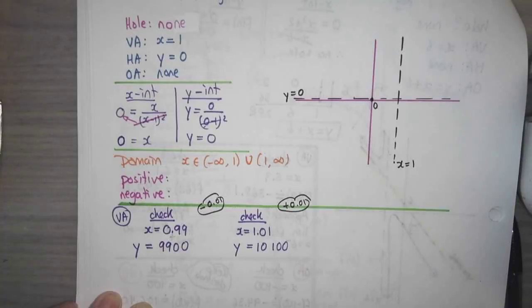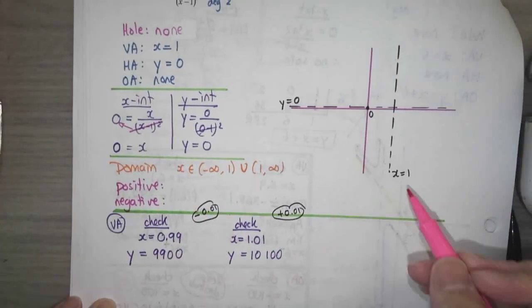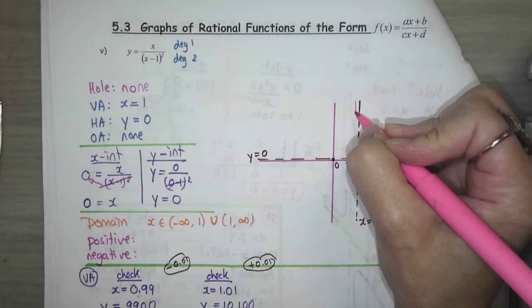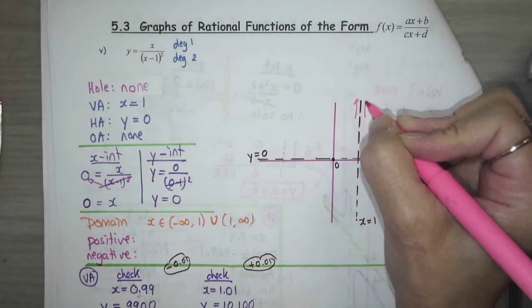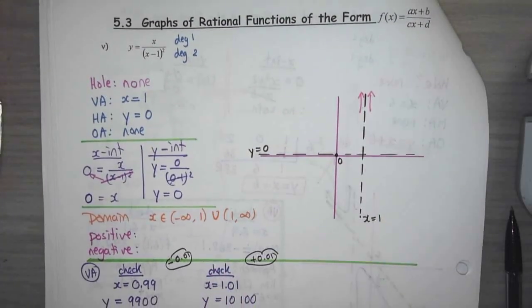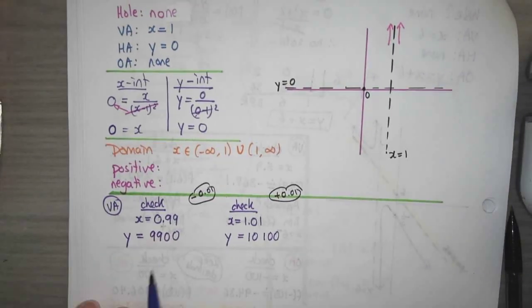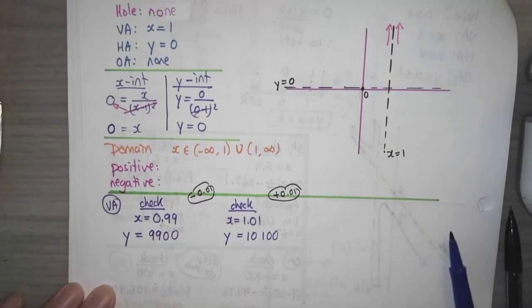The information I get is that on both the left of 1 and the right of 1, both of them are heading up. I don't know anything else, but I know that it's heading up on both sides. So now I've got a better idea of what's happening. That's my check, then my approach.